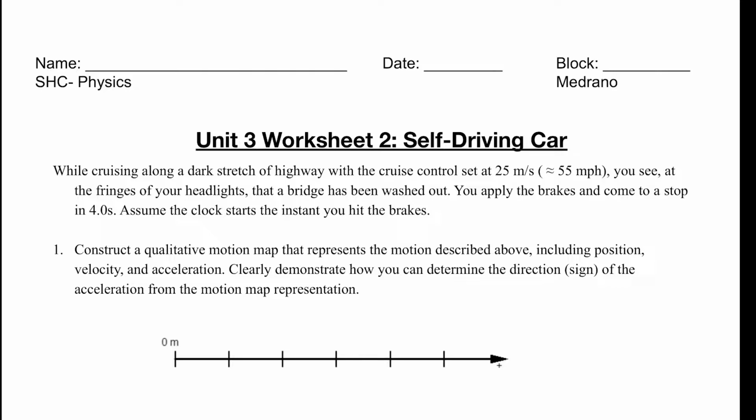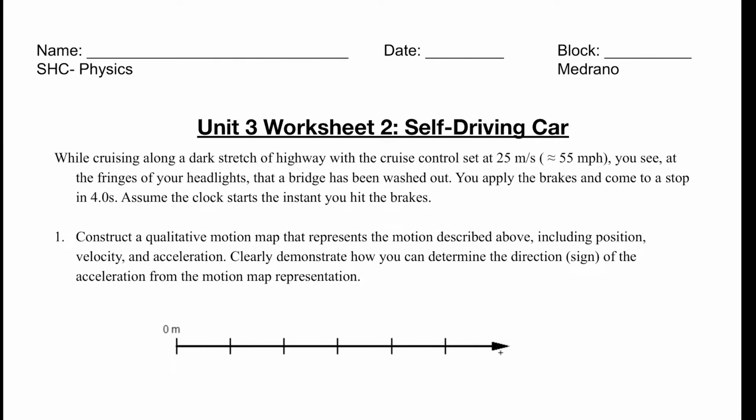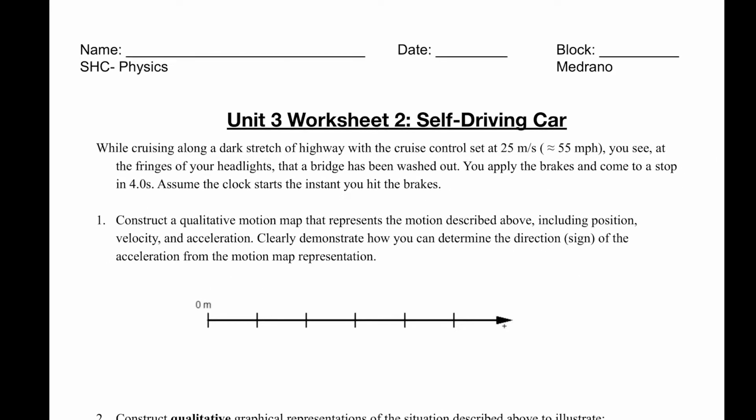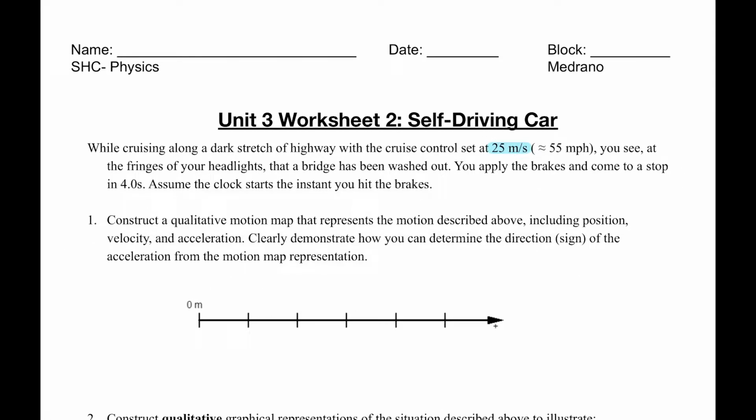First we're going to construct a qualitative motion map that represents the motion described. What we see is we are going at 25 meters per second, and we apply our brakes and come to a stop.